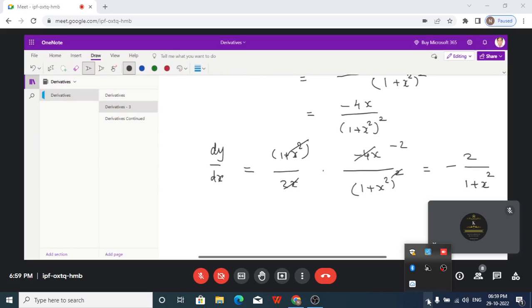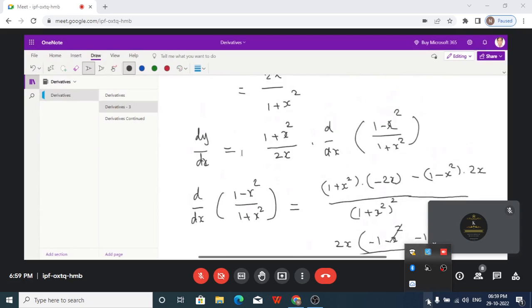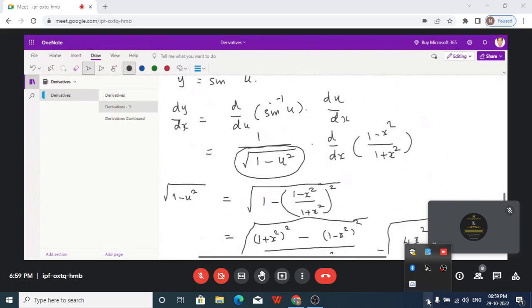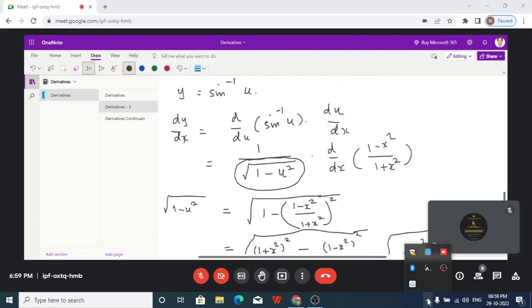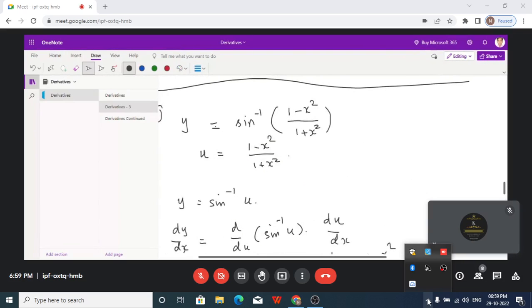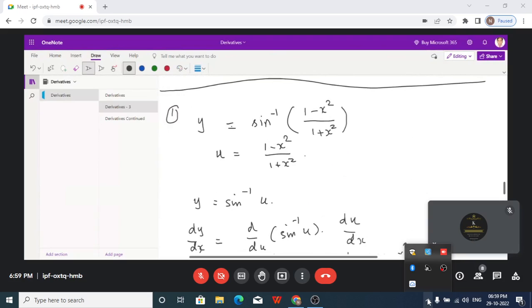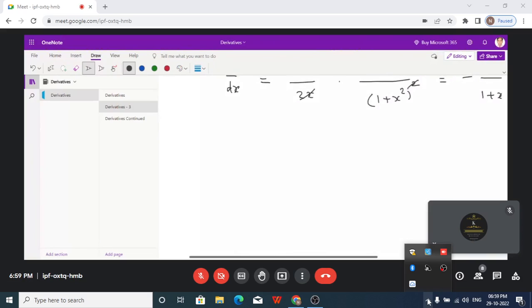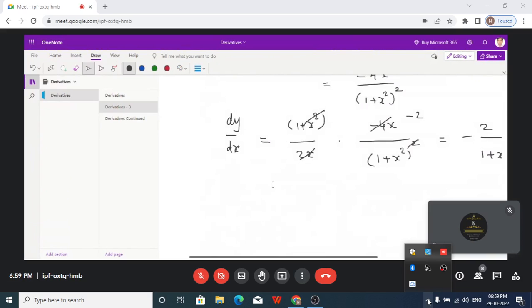So where y equal to sine inverse of 1 minus x square by 1 plus x square, then your dy dx is equal to minus 2 by 1 plus x square. It's mostly algebraic manipulations.